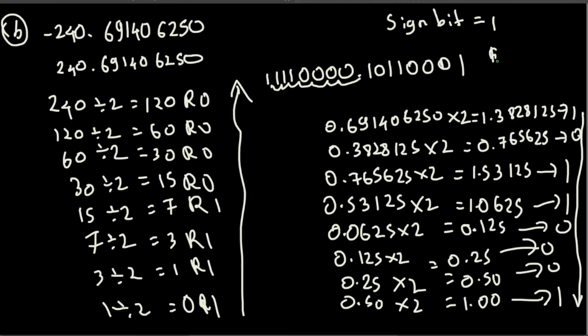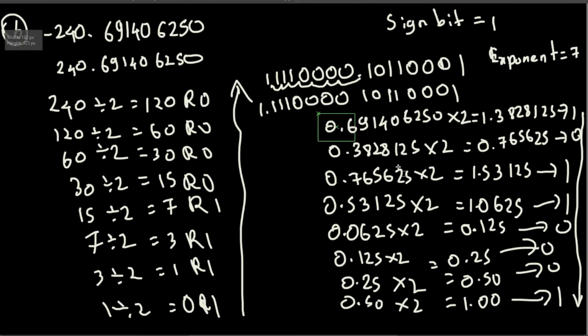So the exponent is positive 7, since we are moving to the left. Exponent is positive 7, and after I move, I get this one: 1.11000010110001.